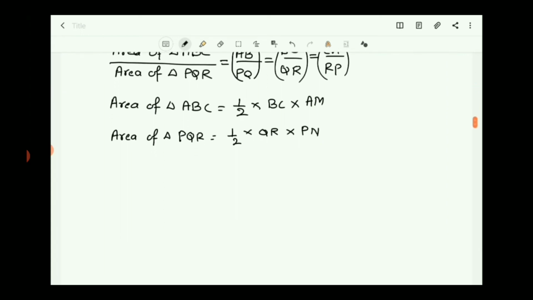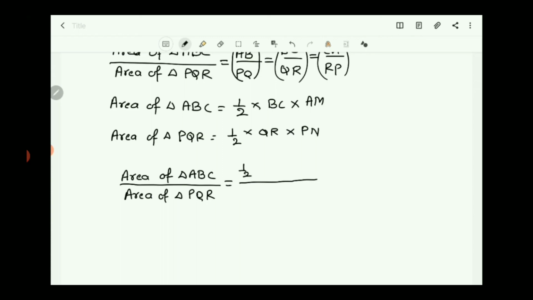Now you write the ratio. Area of triangle ABC by area of triangle PQR is equal to, in the numerator you write the area of triangle ABC, that is half into BC into AM. Here you write half into QR into PN.